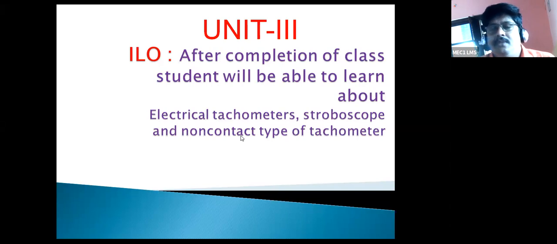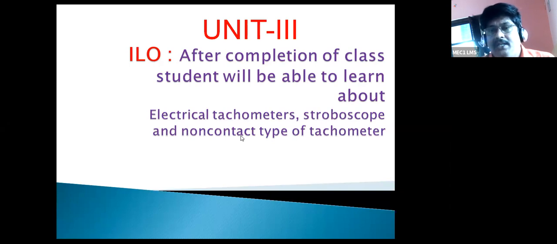Next we discussed the speed measurement devices. In that, angular speed is the angular displacement with respect to time. We measure the speed of rotation of a particular shaft with the help of mechanical tachometers as well as electrical tachometers.